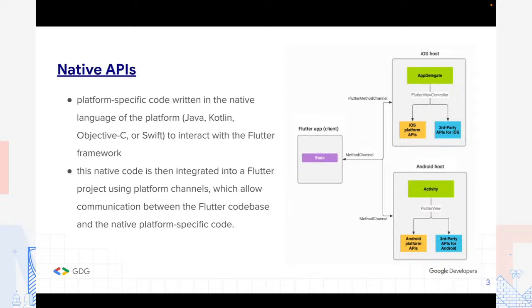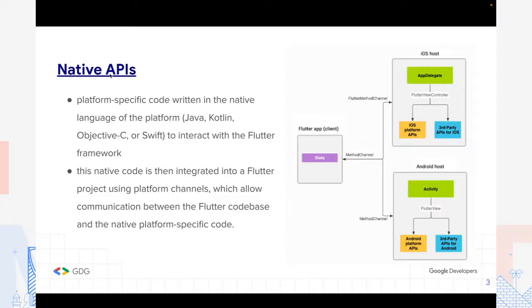So similarly for Android, in activity, we will be using the Flutter view and exchanging messages between the Android platform APIs and the third party APIs for Android. So using method channel, we are going to communicate between our Flutter app and the iOS or the Android, the native app.